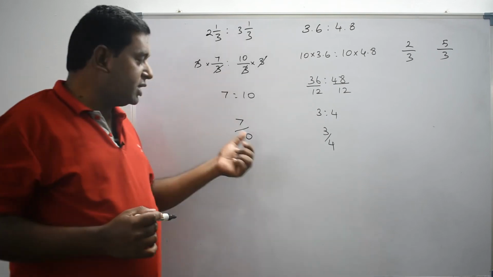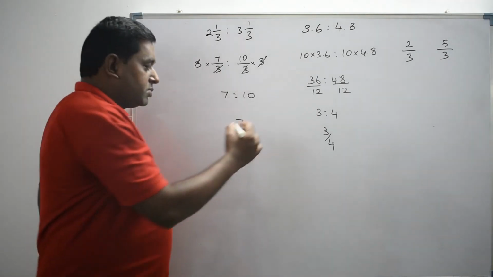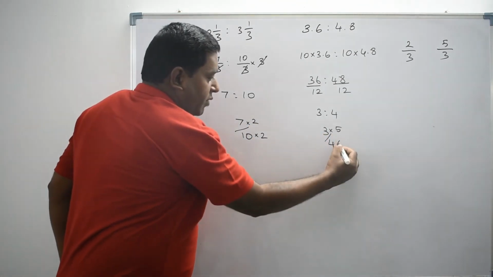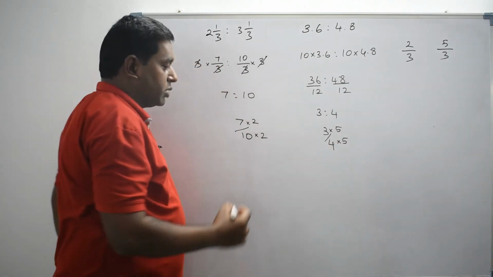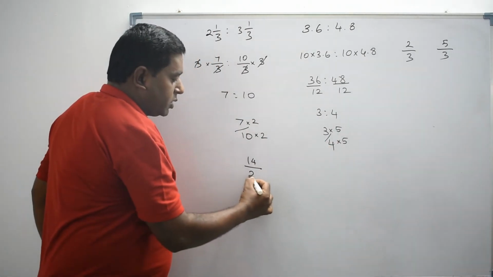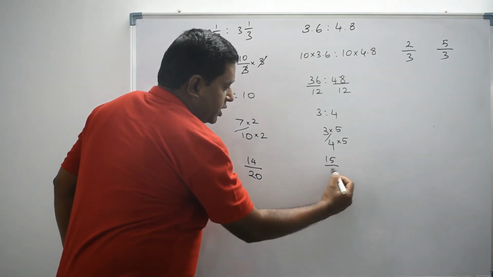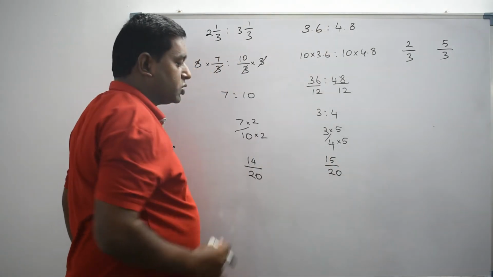So now we have to make each denominator 20. I multiply this fraction by 2, this fraction by 5 to make the denominator 20. I get 14/20 from the first ratio, 15/20 from the second ratio.